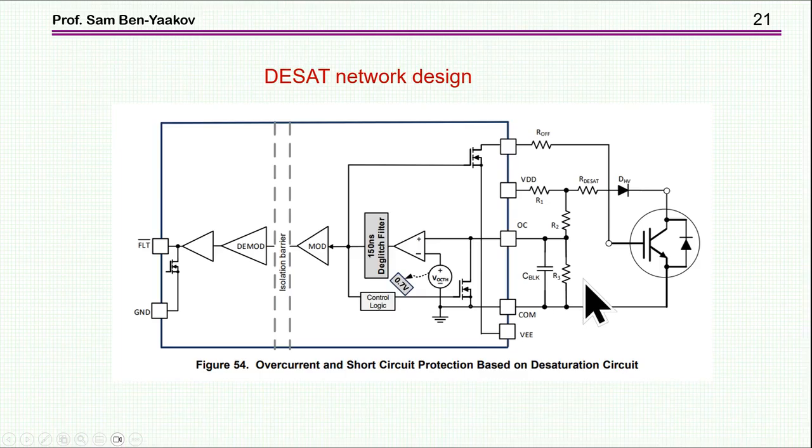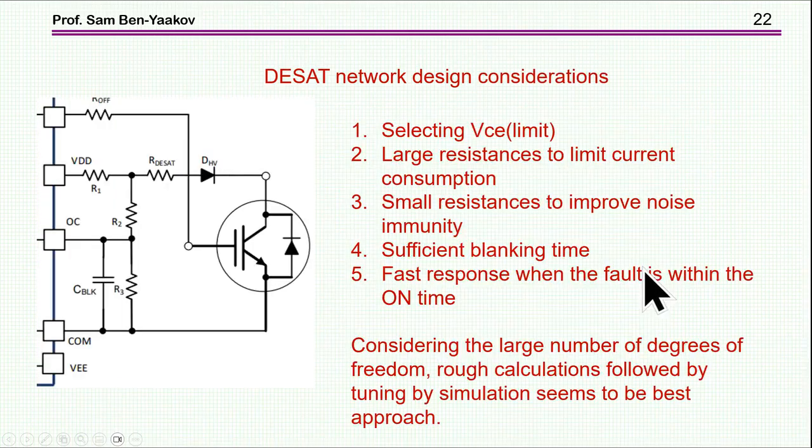So I think the best way is to do some very rough calculation about the magnitude of the resistances that you'd like to have in the divider, and then go to simulation and tune the circuit for the particular transistor and levels that you'd like to protect. So the design step will look something like this.